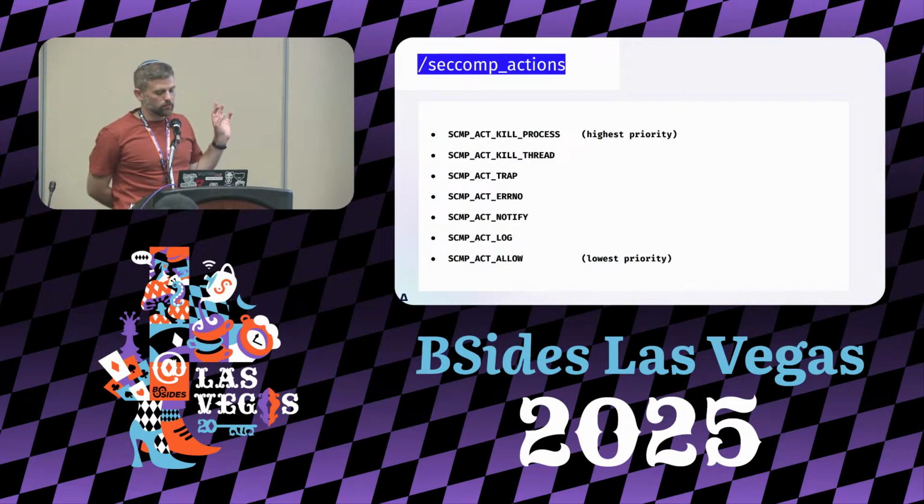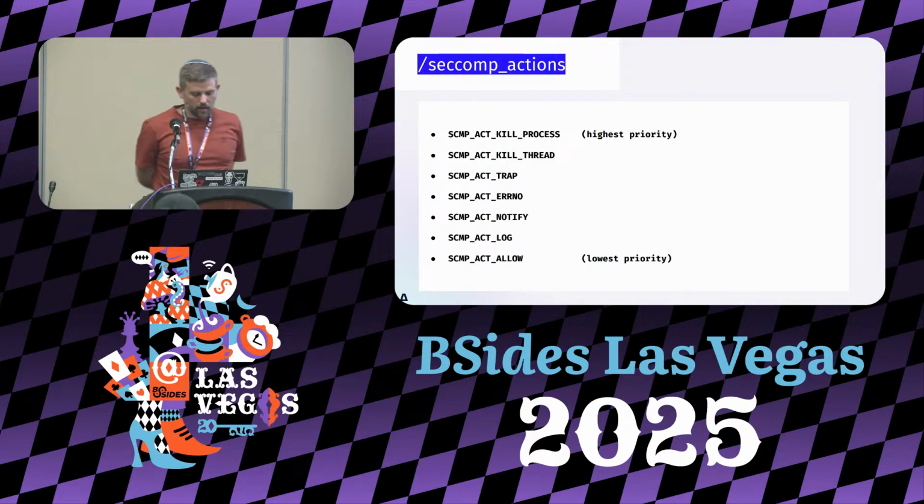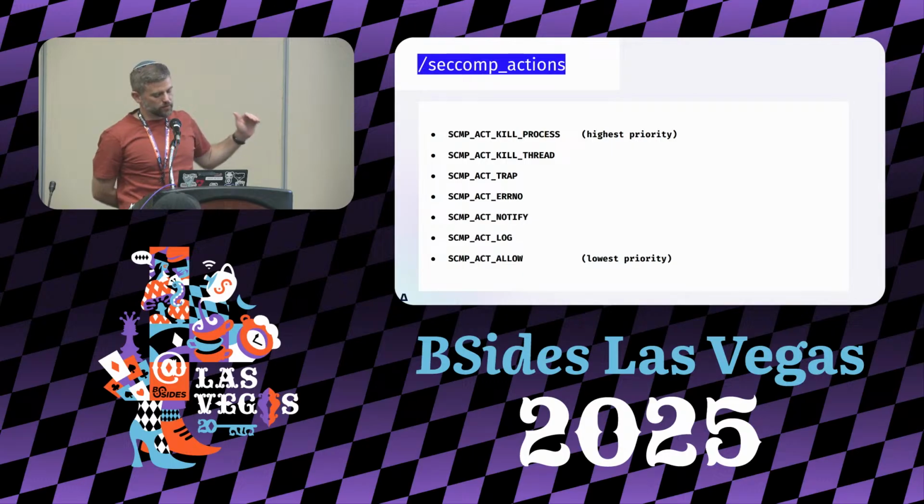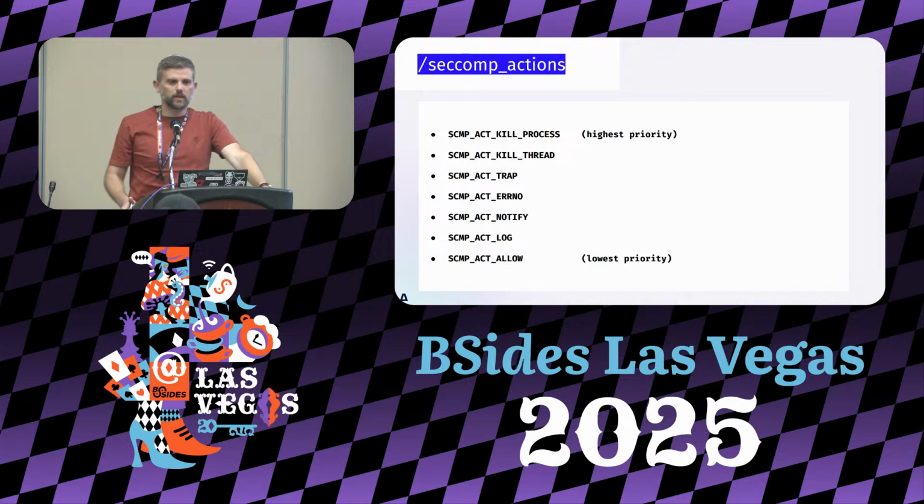So the most basic is just to say allow, let it go through, don't care. If you are going from lowest priority to upper, which is from the bottom to the top, you can ask seccomp to log this event, and then it will be written into the kernel logs. I will tell you in a minute why it is super useless in a cloud environment, but we'll come back to that.